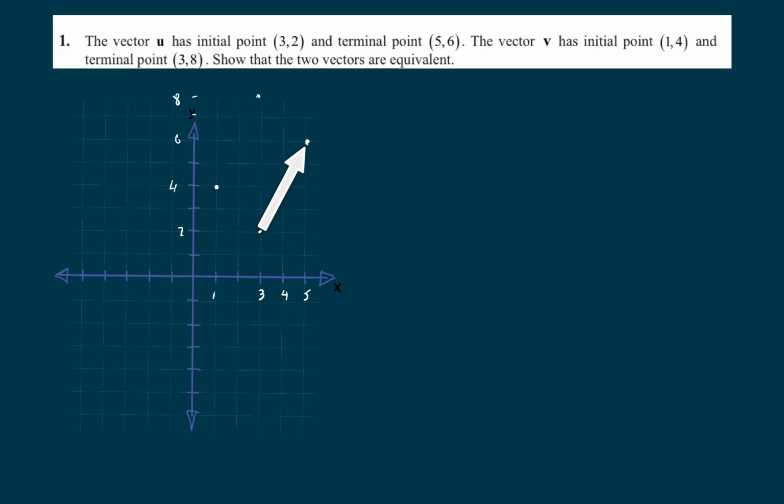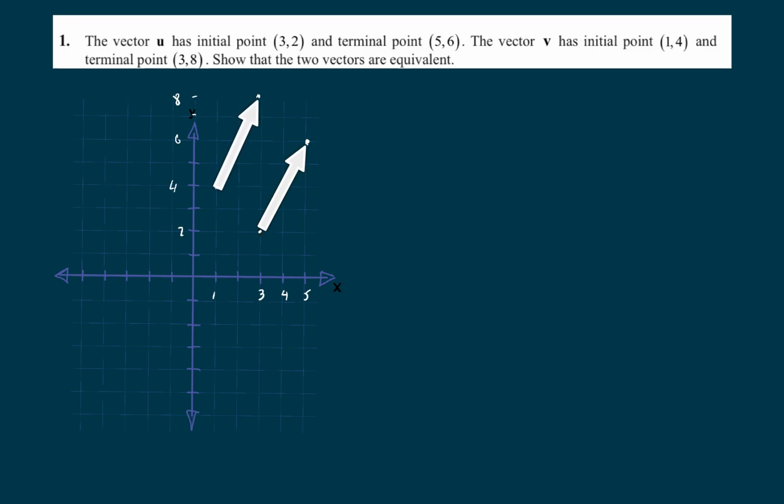And the other vector, v, has an initial point 1, 4. This is the point 1, 4. And final point 3, 8. So this is the vector that goes from the tail to the head.